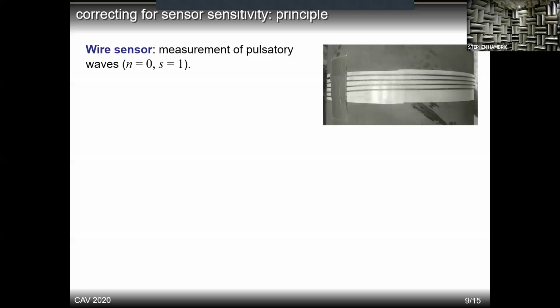One of the sensor types which is particularly suitable for measuring the breathing pipe motion is a piezoelectric wire which measures the strain, the hoop strain of the pipe wall. And since we have the model, we can relate this hoop strain to the internal pressure. So in other words, the wire measures the pressure.